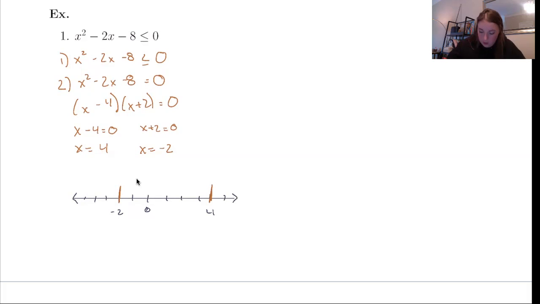All right, so I have now divided my real number line into 3 sections. Let's choose some colors. I have this first section, and this third section, right?